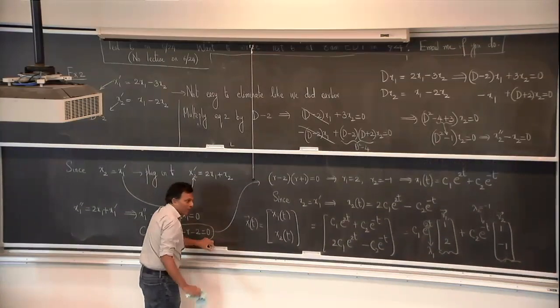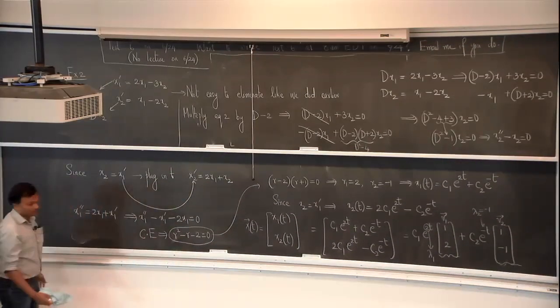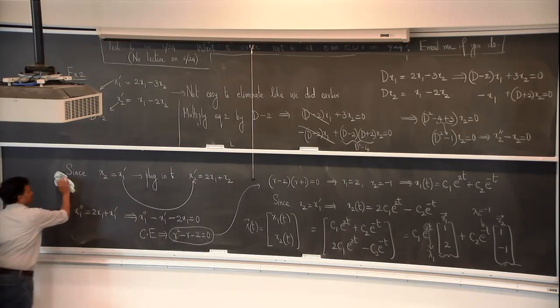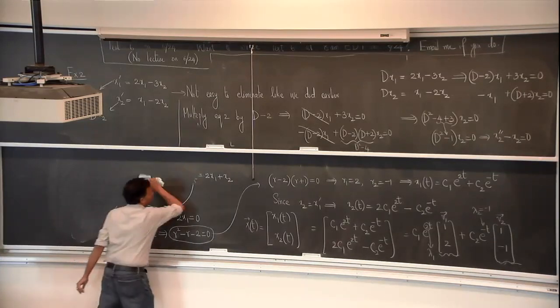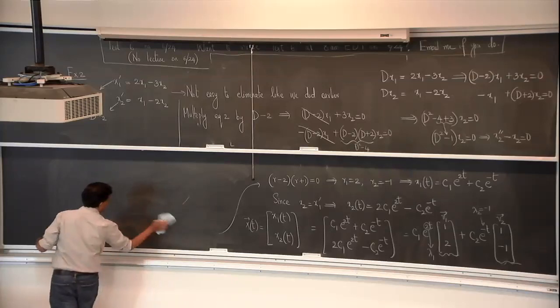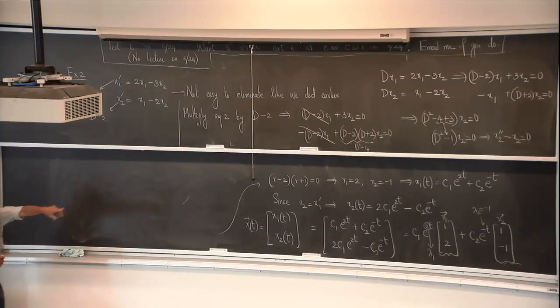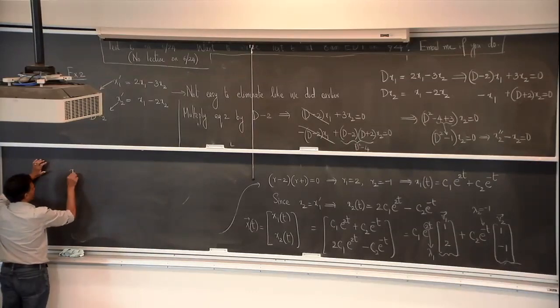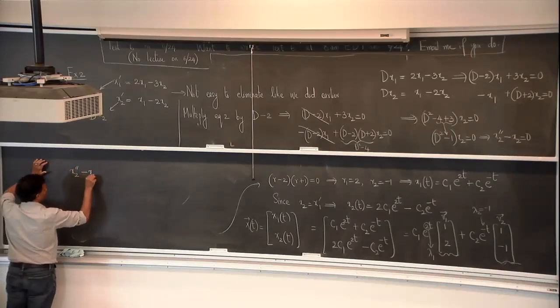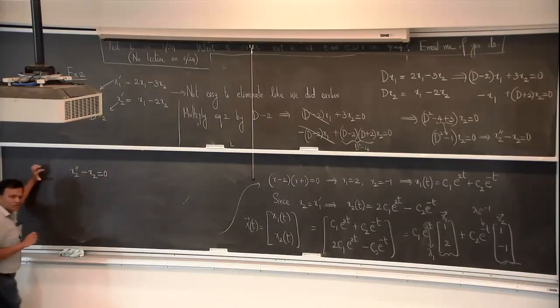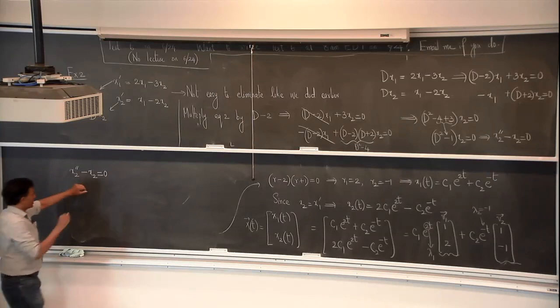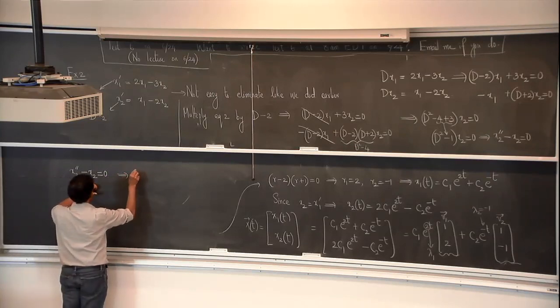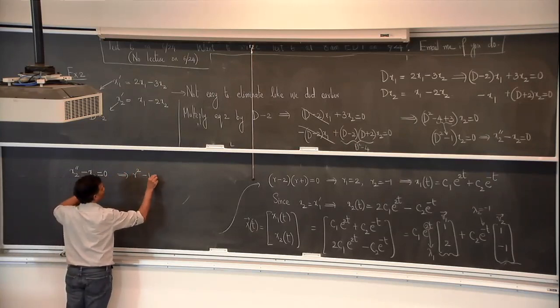That was a pretty sophisticated way of eliminating, but we were successful. We can solve it. The characteristic equation for that one would be, so this is what you have, x2 double prime minus x2 equal to 0. That's going to be r square minus 1 equal to 0.